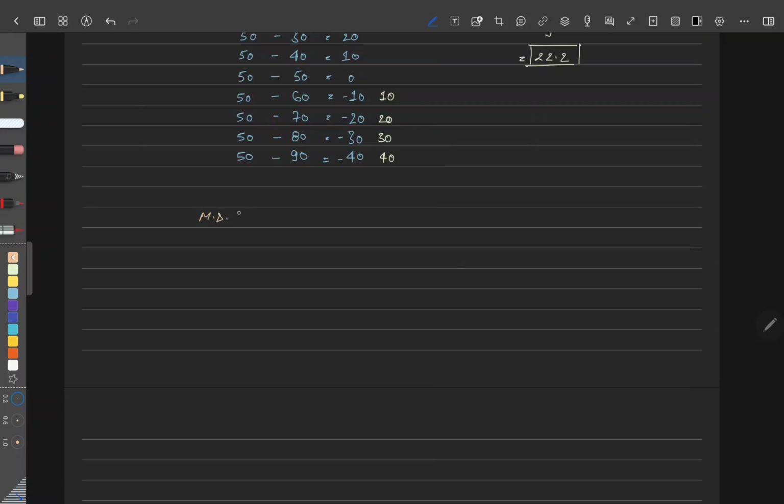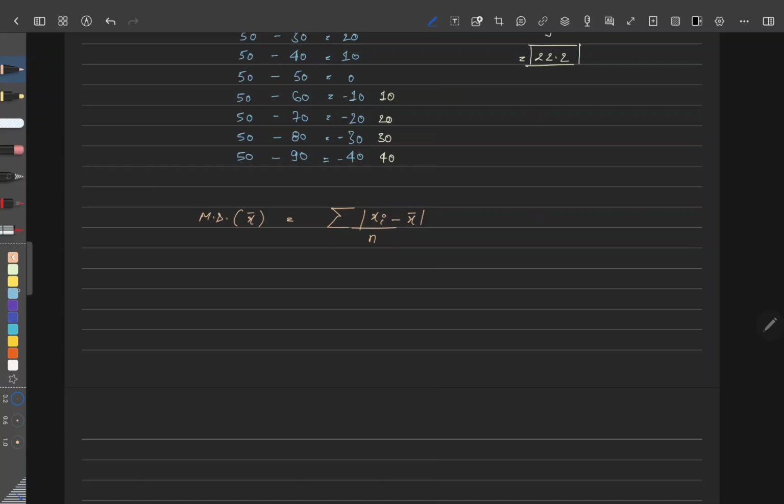So we have MD, mean deviation of X bar, is equal to the summation of the differences of the data point from the mean, which is xi minus x bar, over n.